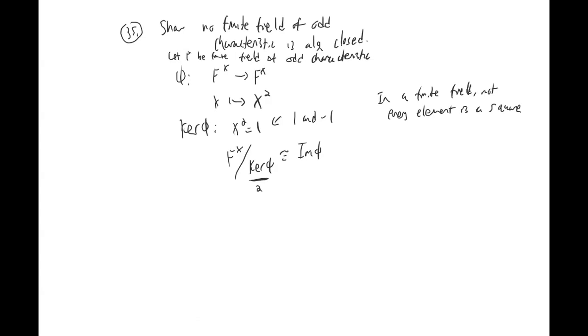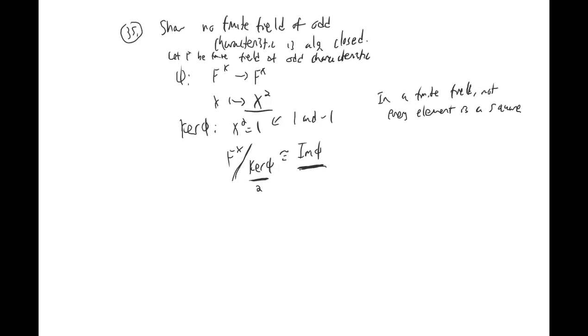Right, because the image of phi is exactly the elements that are squares. To show that not everything is a square, you just need to show the image doesn't have order F cross; it has order F cross divided by 2.